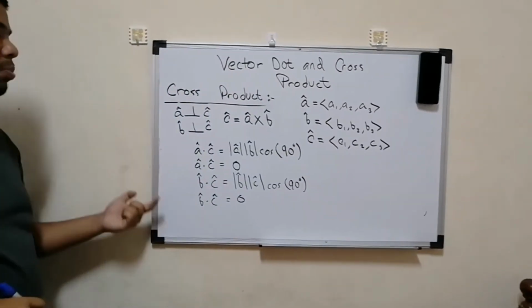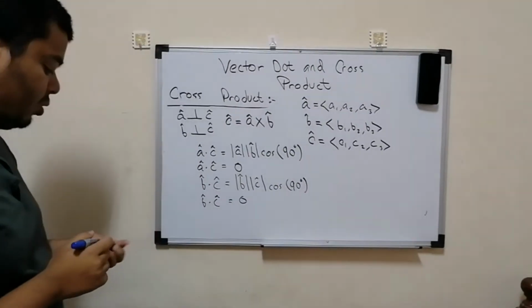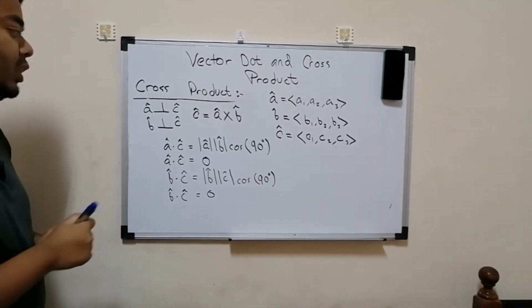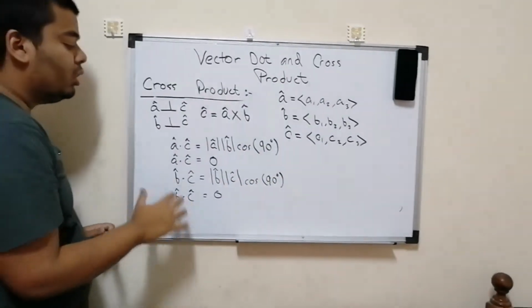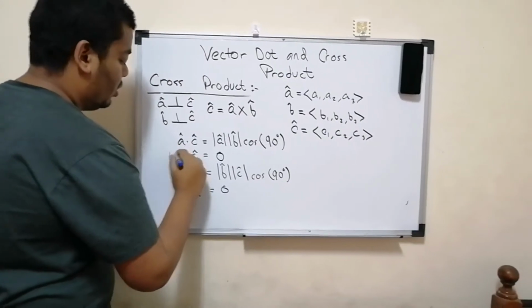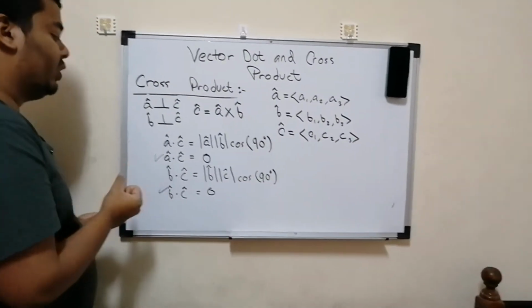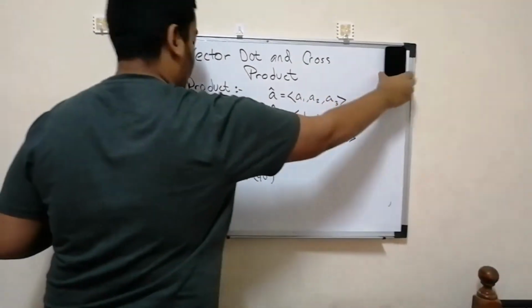So the dot product of any two vectors that are perpendicular to each other will always be 0. Now I'll remove this information here. We'll use these two lines to get our expression for vector C. So let's remove these.